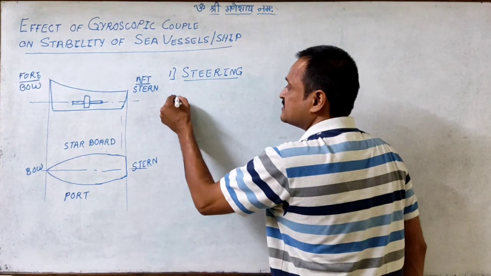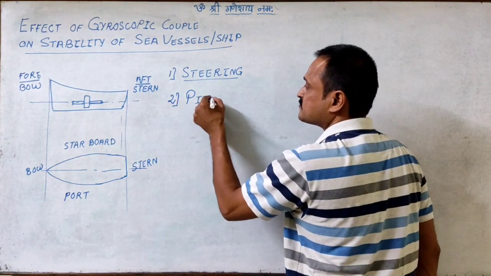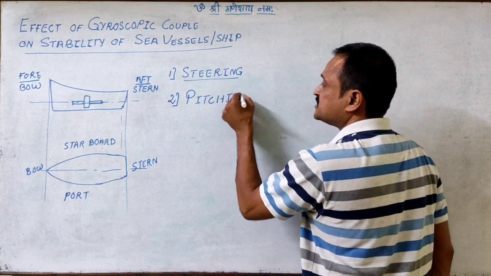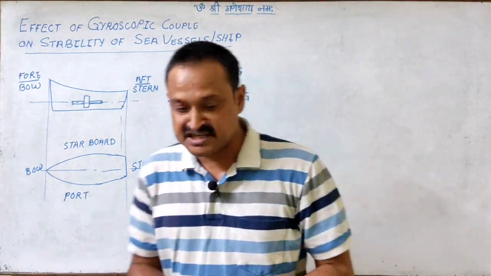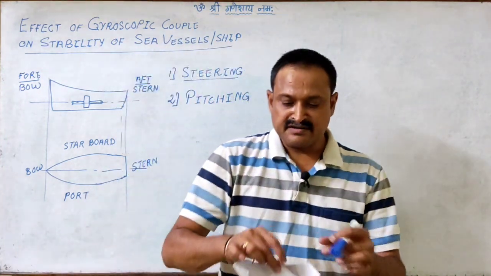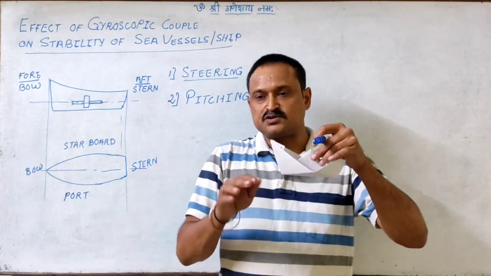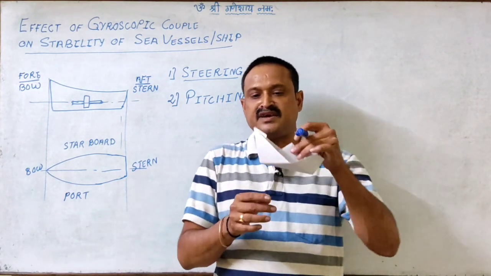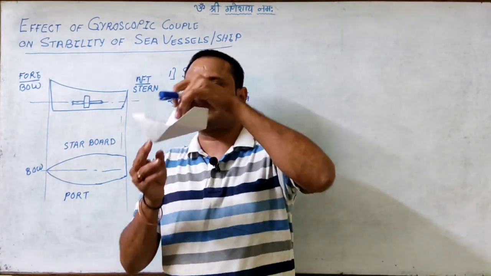The second condition when it is getting affected is the pitching condition, when the ship or vessel is pitching. Now what is the pitching condition? When the ship is moving in a rough sea, the waves will be coming, and the ship will be moving over the waves.